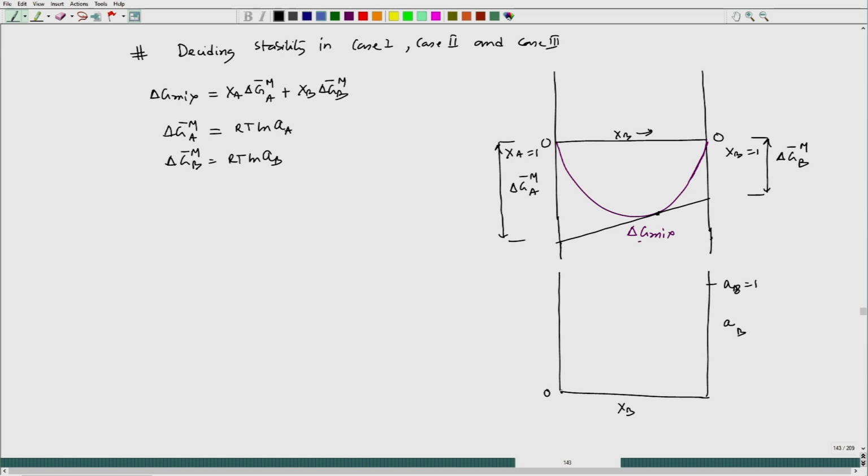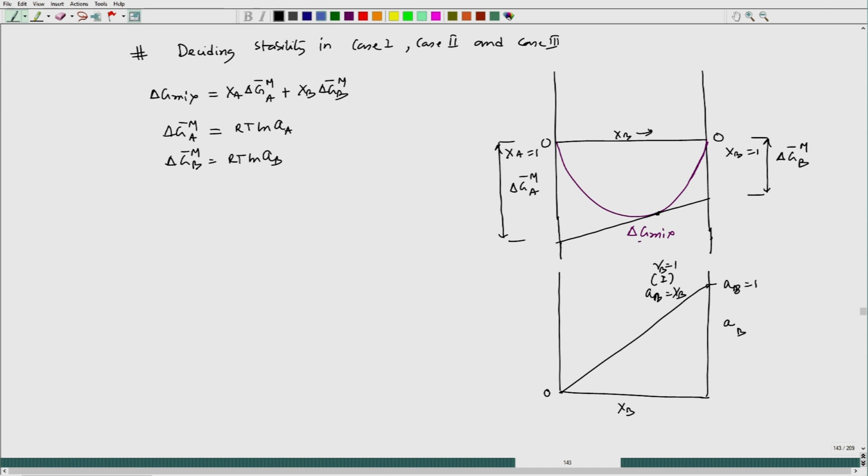If it follows ideality, this will be my ideal line, that is a B equal to x B. This is case 1, where gamma B equal to 1.